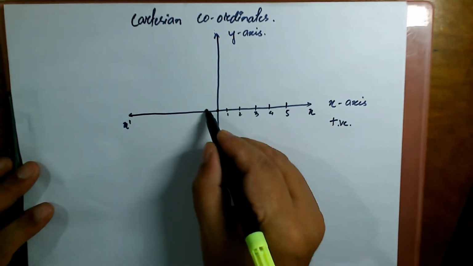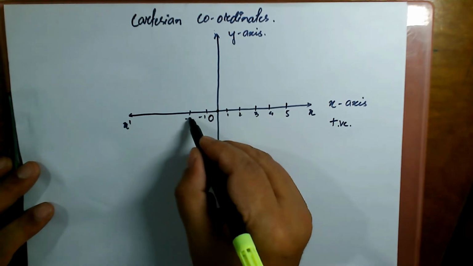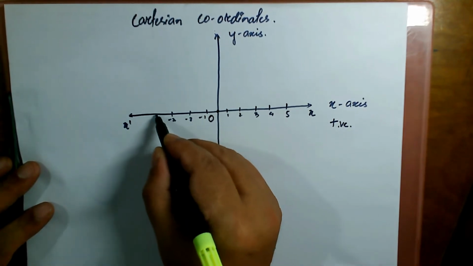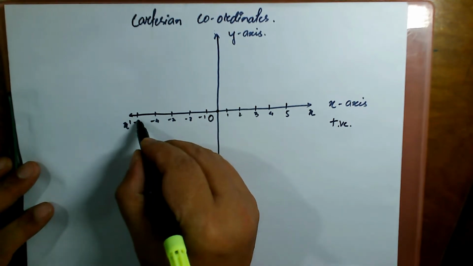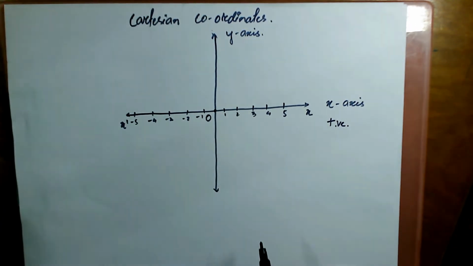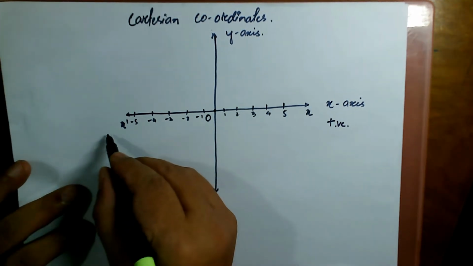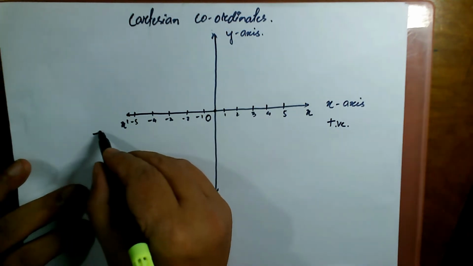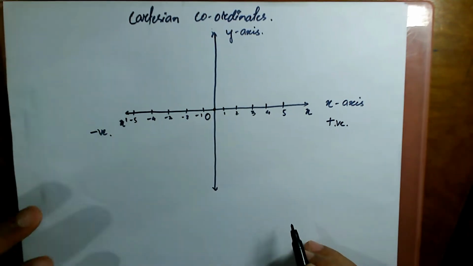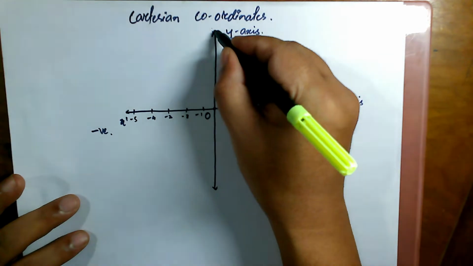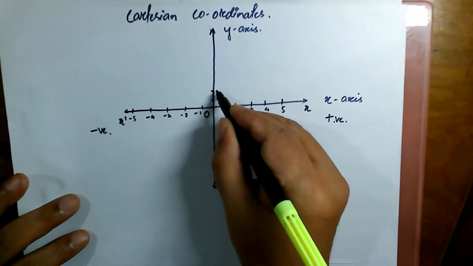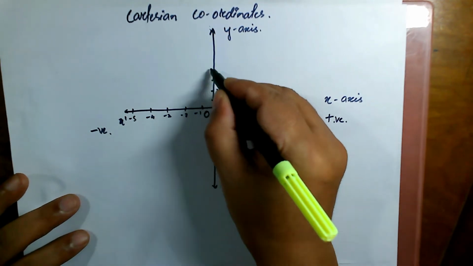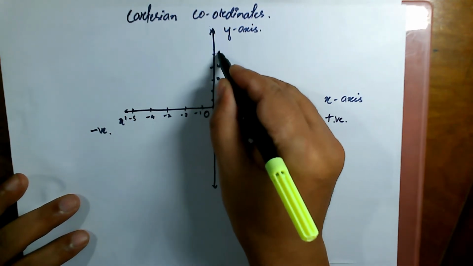And the opposite side: minus 1, minus 2, minus 3, minus 4, let's take up to minus 5. The opposite side of x is all negative. And on the y axis, upside, let's say this is 1 2 3 4 5.